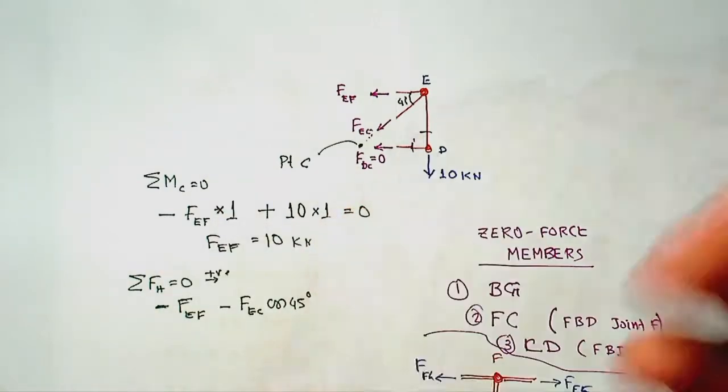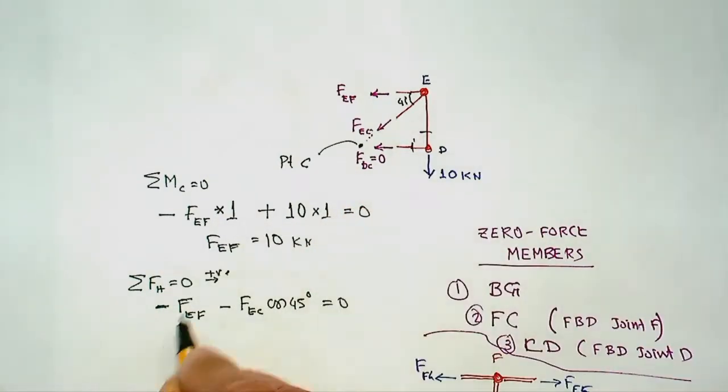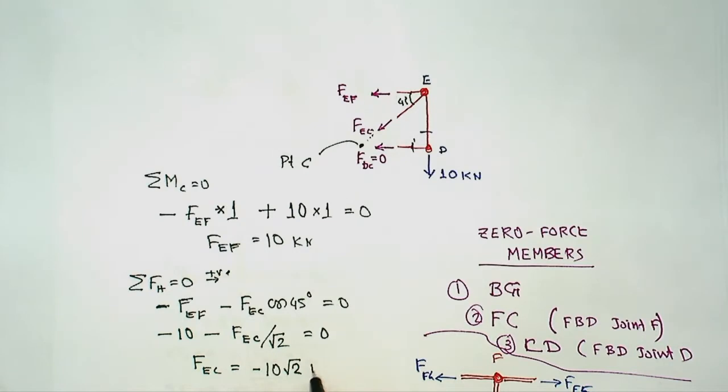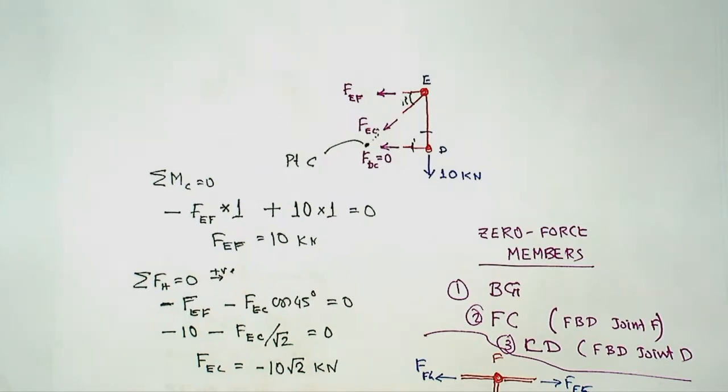So that equals 0. FEF we already know is minus 10, and FEC cosine 45 degrees, with square root of 2, equals 0. So FEC would again be minus 10 square root of 2 kilonewton, which would probably be 14 point something kilonewton.